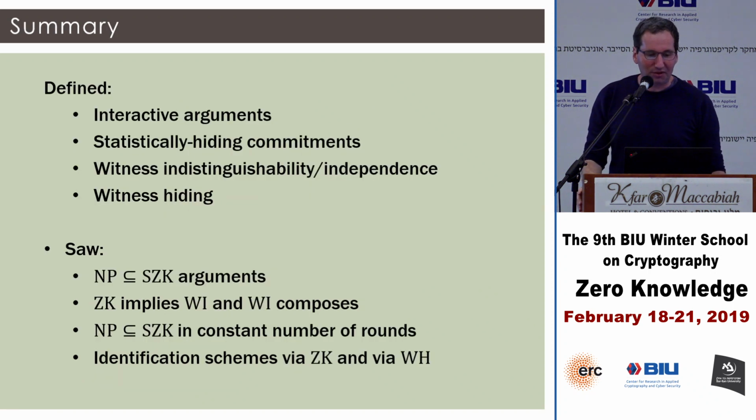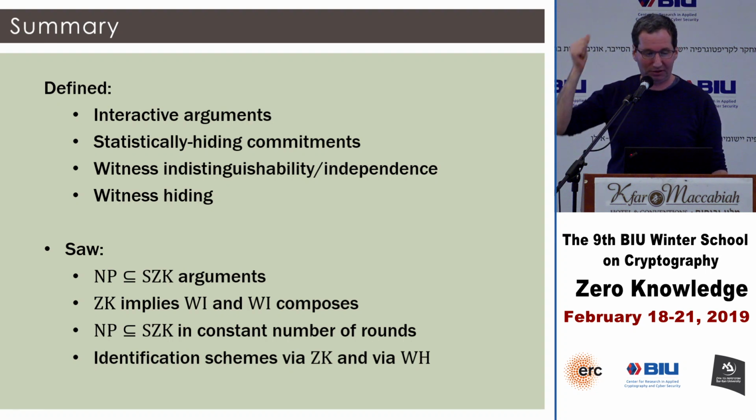Okay, so let's summarize. What did we do? We defined interactive arguments. We talked about statistically hiding commitments, with indistinguishability, independence. We talked now about the notion of witness hiding. What we saw is that every language in NP can be proved in statistical zero knowledge if the prover is computationally bounded. We saw that zero knowledge implies witness indistinguishability, and witness indistinguishability composes in parallel.